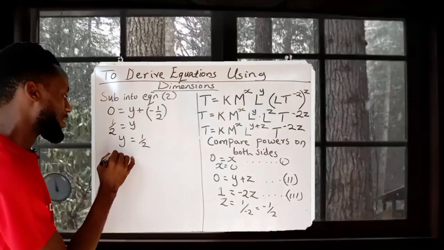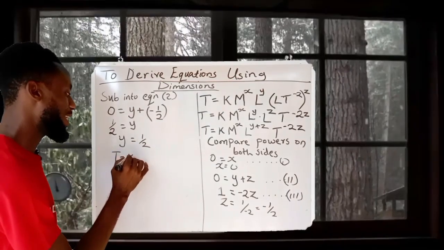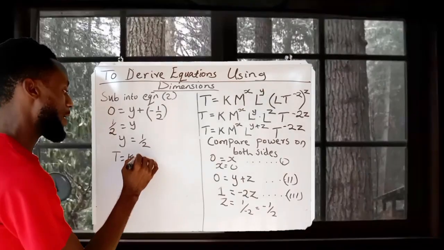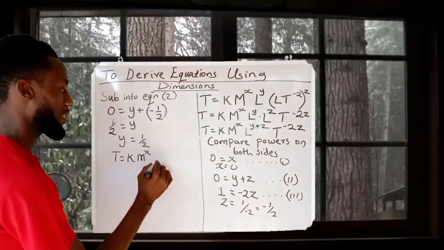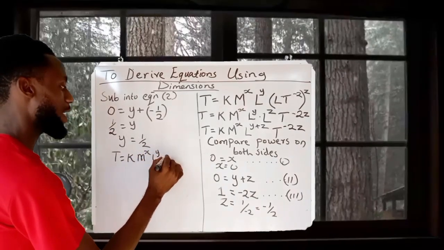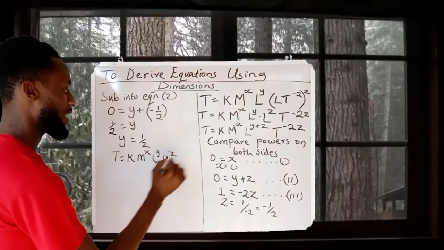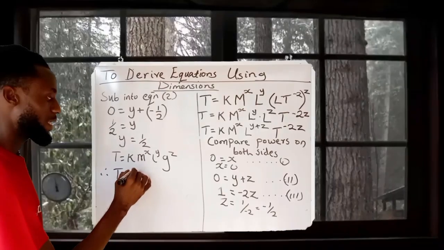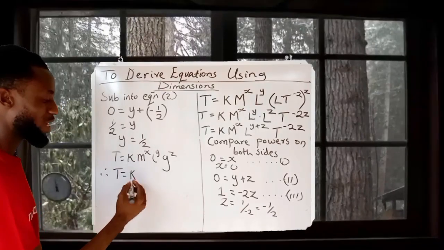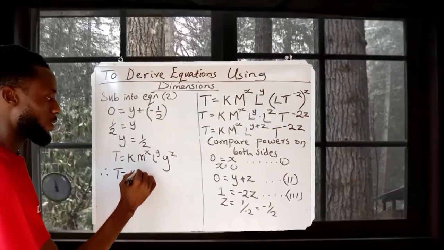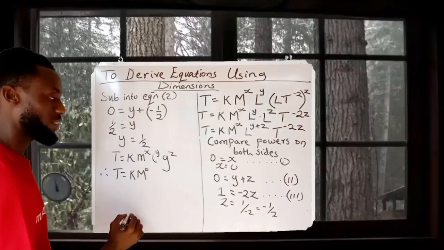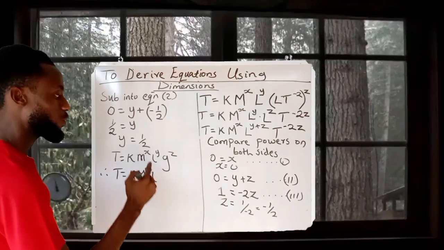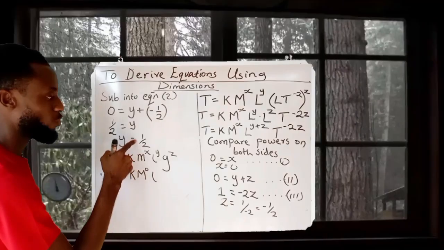It's now time to reinsert these values into the original equation. We were given that T is equal to K M raised to power X, L raised to power Y, G raised to power Z. So this now becomes T equals K, M is raised to power 0, so it's gone. Or let me still write it for now, M raised to power 0, L raised to power, we now have Y as 1 over 2.